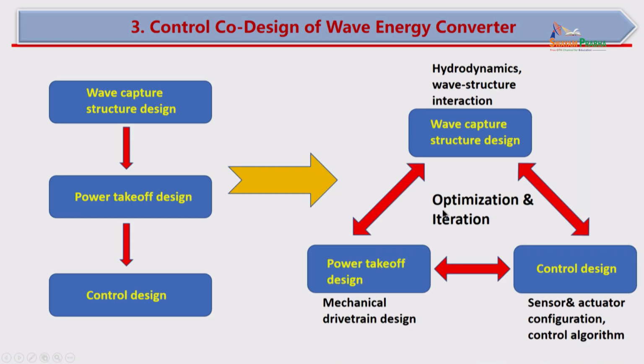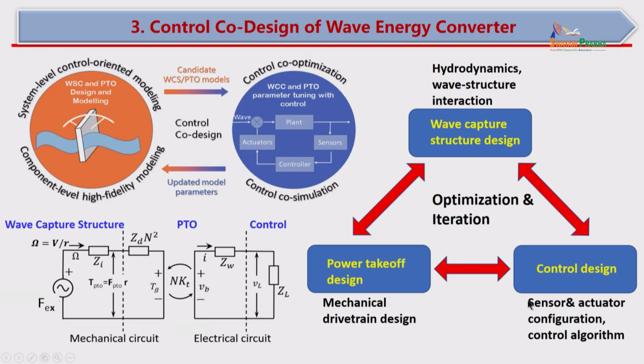Therefore, we want to have control co-design, which is basically optimization and iteration considering all three elements: wave capture structure, PTO, and control system.